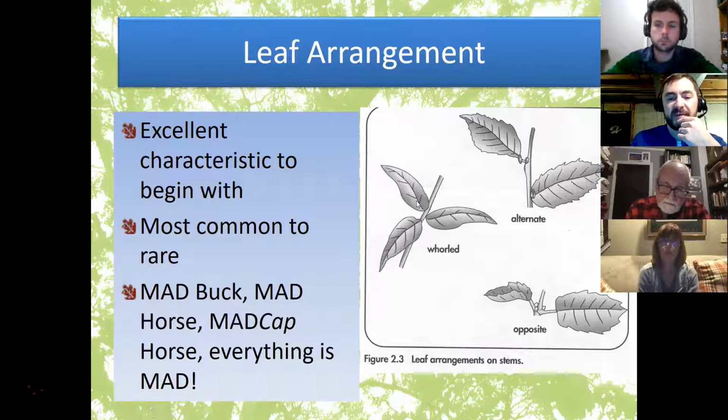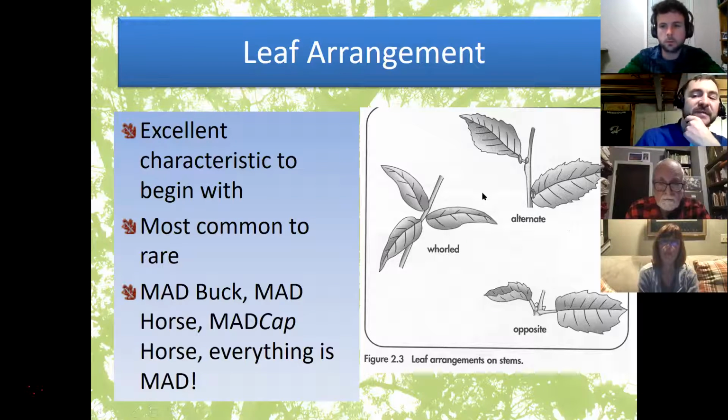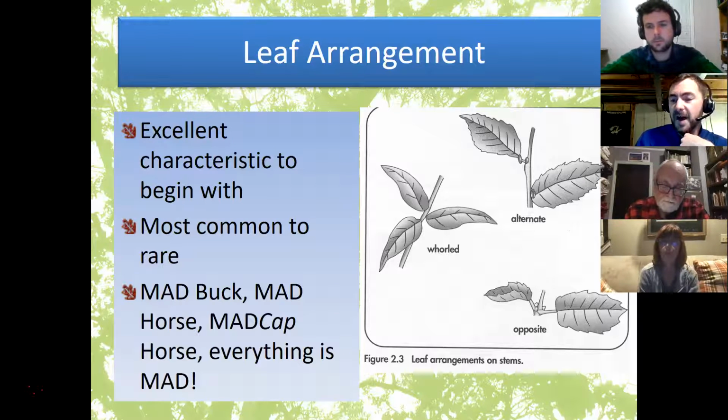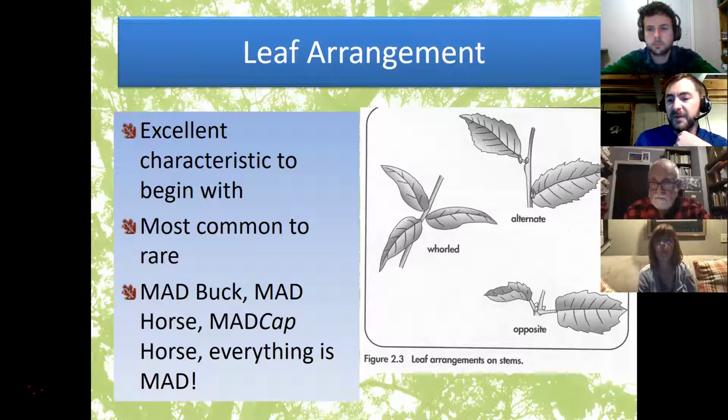And then you also have whorled, which I'm blanking on an example of a whorled arrangement, Mark, if you have one off the top of your head. Catalpa. Yeah, catalpa, there you go. It's the only one I can think of, honestly. That's something you may not come across a lot anymore, but catalpa used to be fairly common in the urban environment.